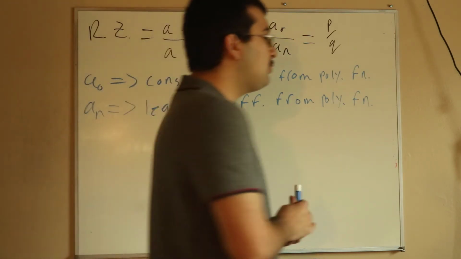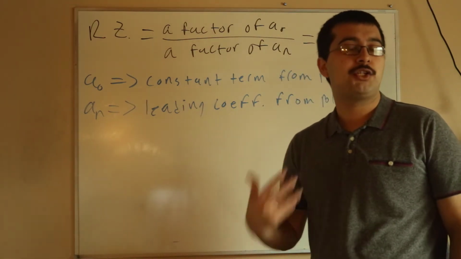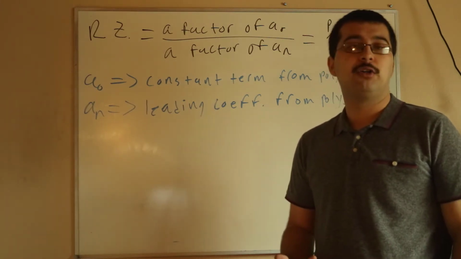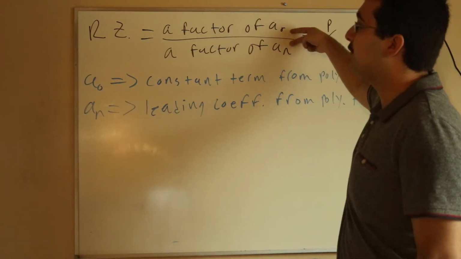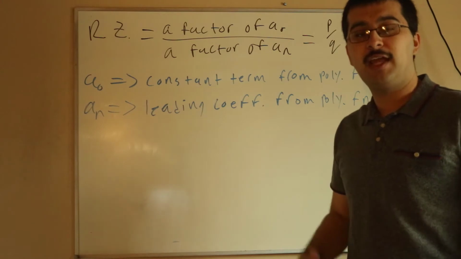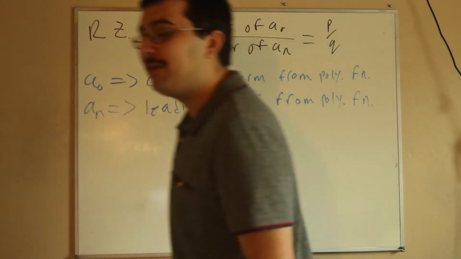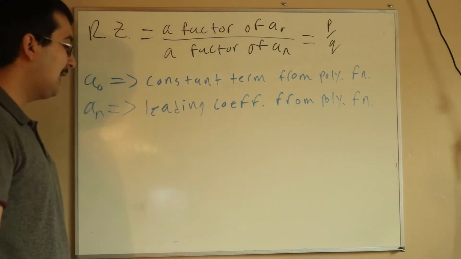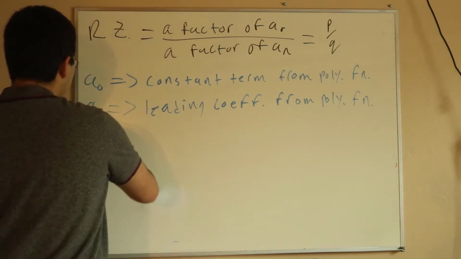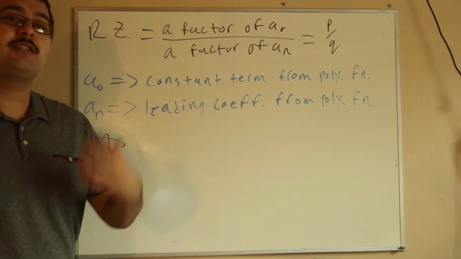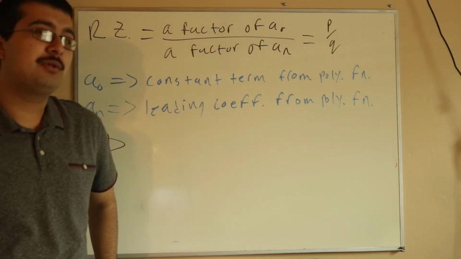What's going to be important to realize is that yes, this test does help you determine what the rational zeros are of a polynomial function, and yes, it is true that the rational zeros will come from using this idea of a factor of a naught divided by a factor of a sub n. But we have to be very careful: the key idea and the most important note probably for today's lecture is that the list we generate from these factors is the list of possible rational zeros.